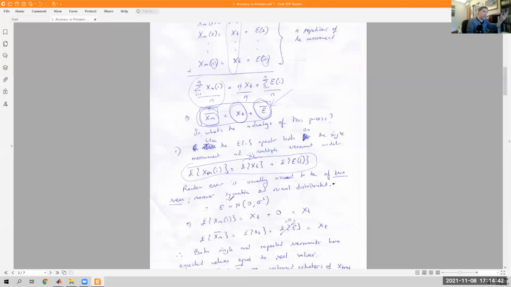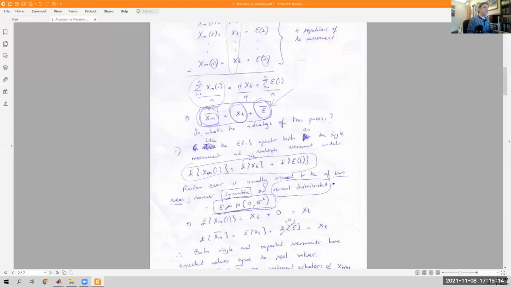And usually we go one step further. We assume that it is symmetrically distributed, due to the very same reasoning: if errors go to the left and right side with equal likelihood, the distribution is symmetric. And we have a very nice distribution for that, the normal distribution. So this is an assumption that we can use to model the random error. It doesn't always need to be like this; in different cases, there may be different distributions of random error.